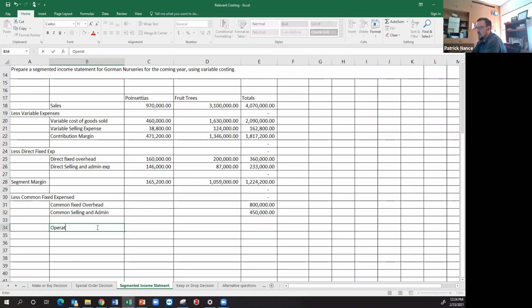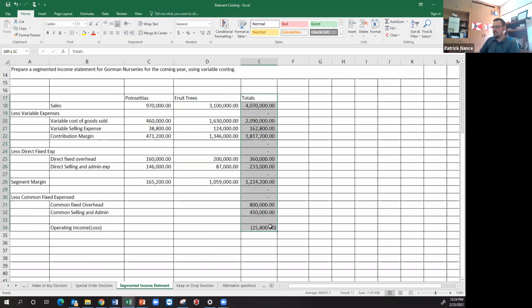So now I can find my operating income, which is my total segment margin minus both my common fixed expenses. It actually comes out to $25,800 worth of a loss. So really this is an operating loss, not income. That's a segmented income statement for my two segments of poinsettias and fruit trees.